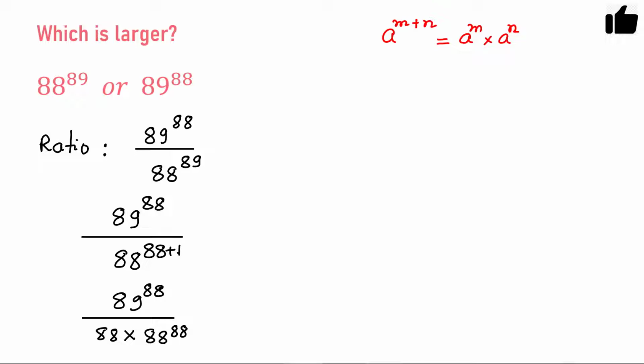We have another rule of exponent, that is if you have a raised to the power m divided by b raised to the power m, this can be written as a by b raised to the power m.